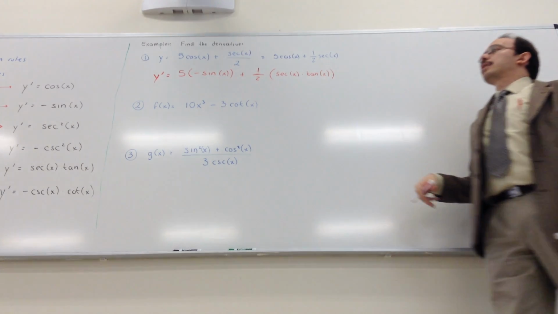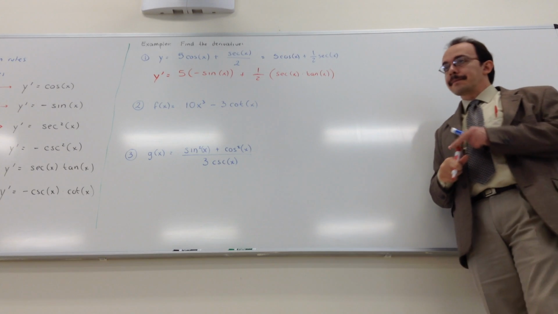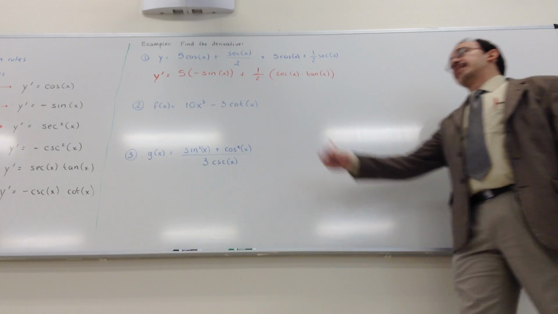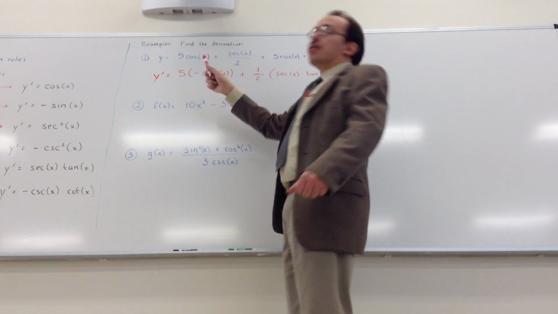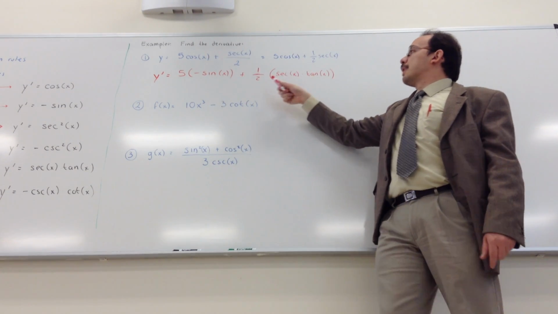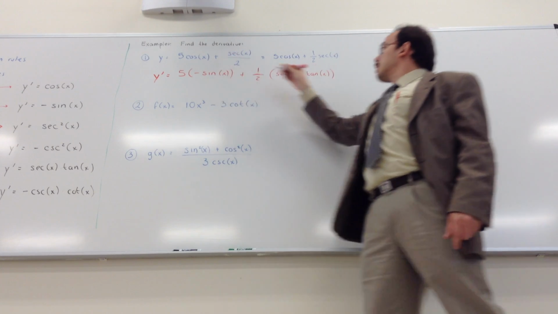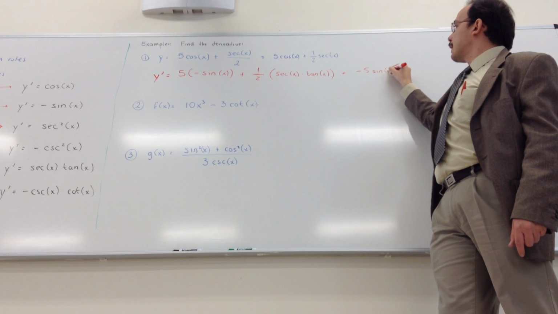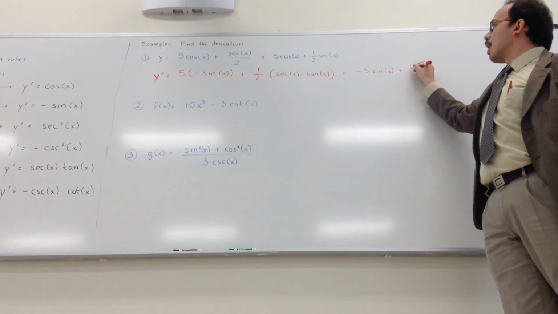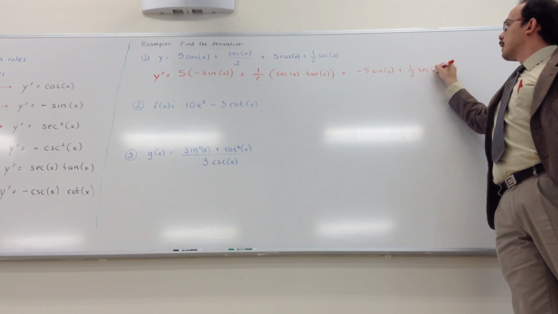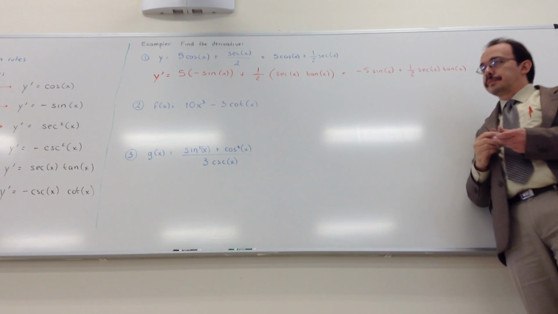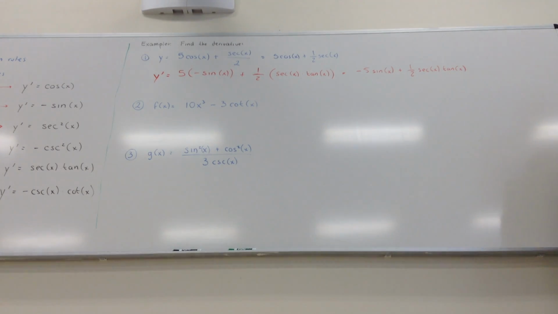Can I simplify or rewrite anything from there? The minus. No, in this case no, because they're multiplied. It will be minus 5 sine of x, and the other one is just 1/2 secant tan. Okay? That's the derivative.